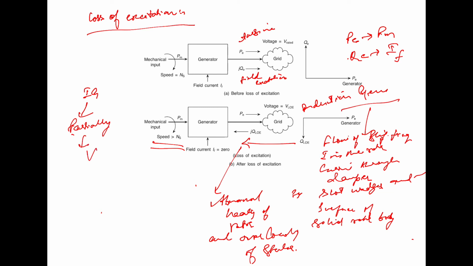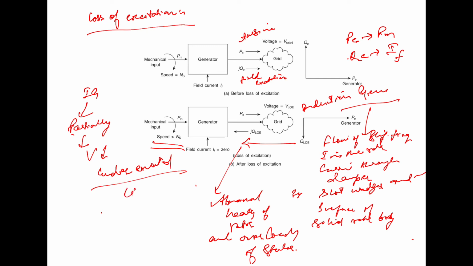There is a fall in the generator terminal voltage, and the generator would be underexcited, and there are certain limits to the degree to which the generator can be operated in the underexcited mode.